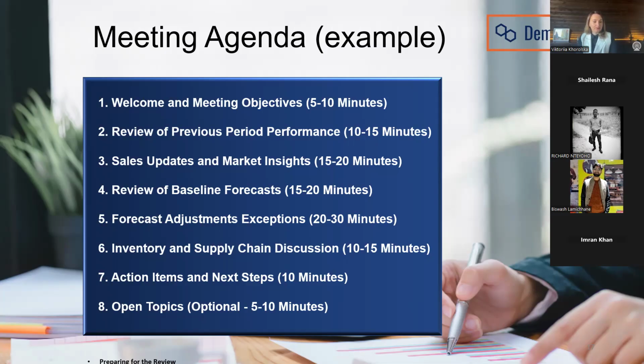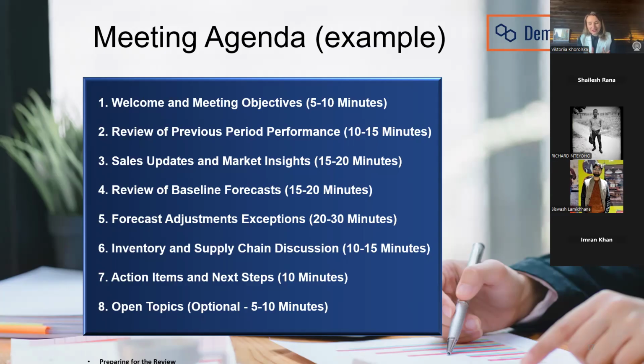So it is also a place to discuss inventory, supply chain constraints. So a discussion about warehouse, about some supply chain changes, because marketing and sales should be aware of what's happening across the company.